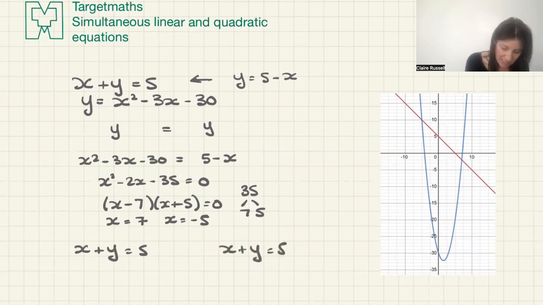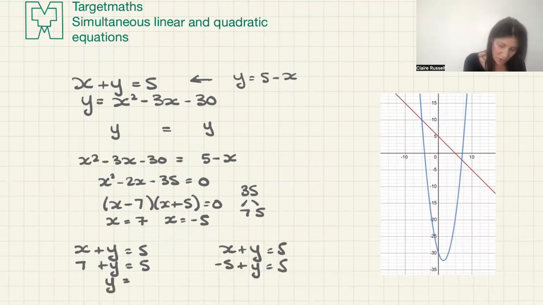And then obviously my x is going to change to 7 in one of the equations and to minus 5 in the other. This gives me y equaling minus 2. 7 minus 2 is equal to 5.